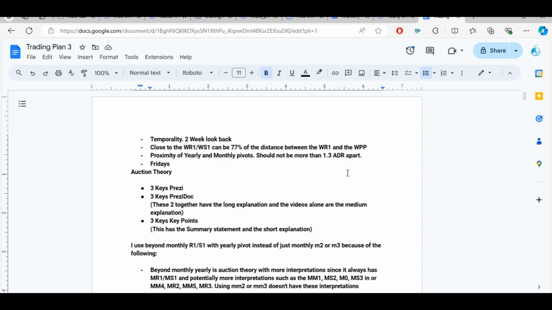Can we have the customizable option of selecting it as 1.4 ADR or 1.1 ADR or something like that?